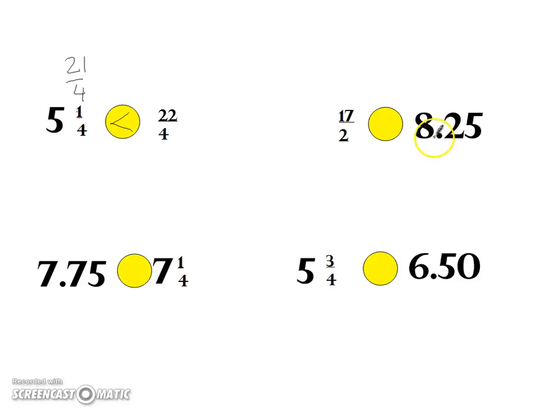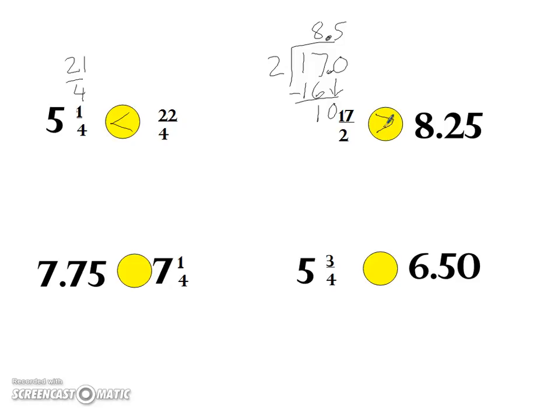I think it's probably going to be easiest to change my improper to a decimal. So 17 divided by 2 goes in there 8 times. It'll be 16. There's a 1. Add my 0, bring it down. 2 goes into 10 5 times, so I got 8.5, which is going to be greater than 8.25.